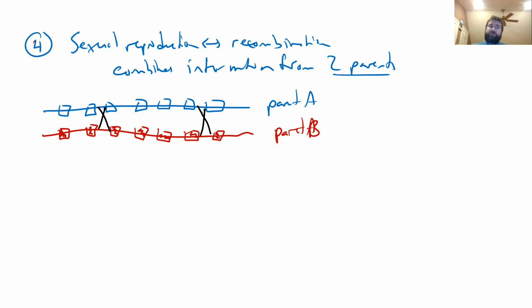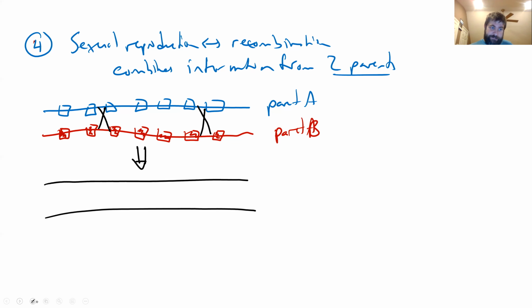There are breaks made in the strands, and then they re-meld with the opposite strand. And the result of this recombination event is that we have progeny that are of mixed types.